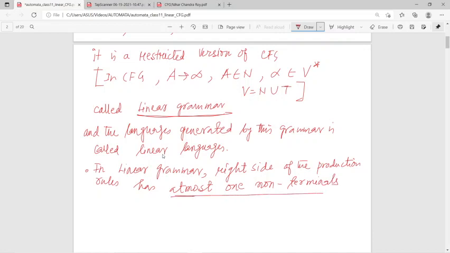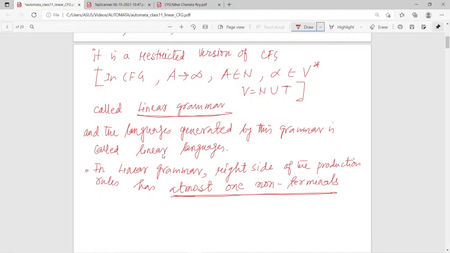That means it should be CFG, but slightly restricted, and the restriction means the right side of the production rule consists of at most one non-terminal. That is the thing that you should remember. That is the concept of linear grammar.